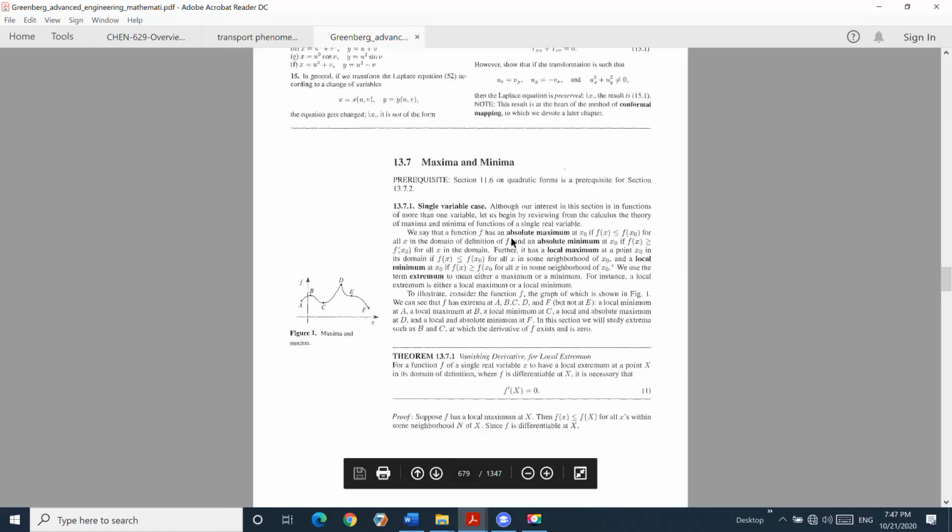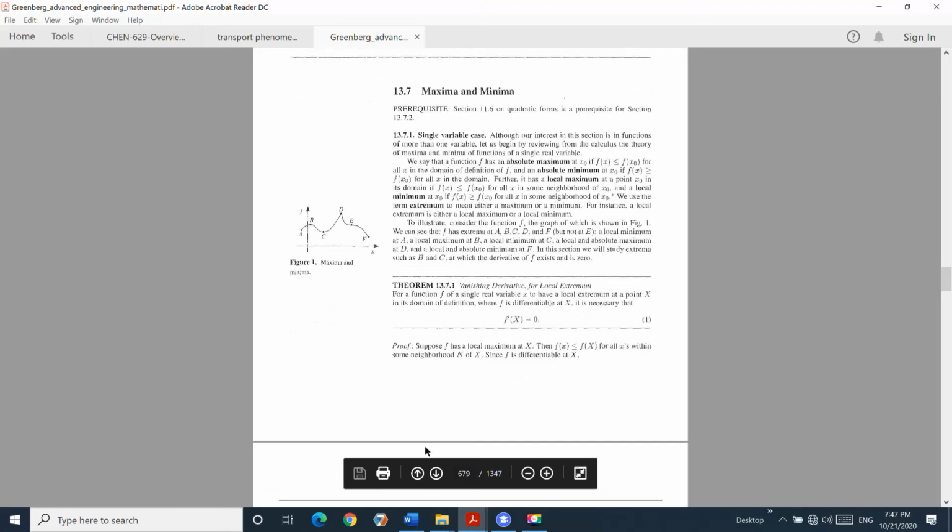Then let's give you section 13.7 and the definition of the maxima and minima.